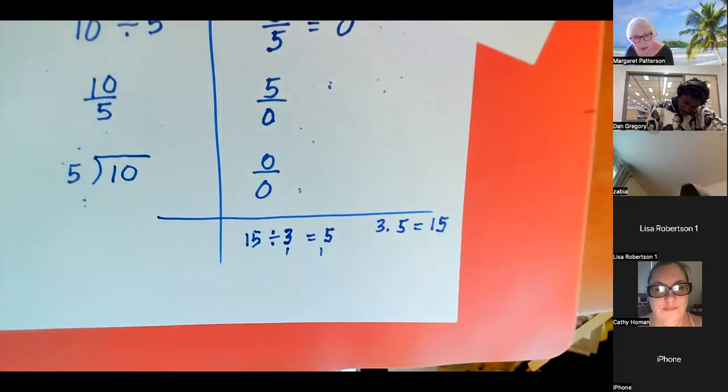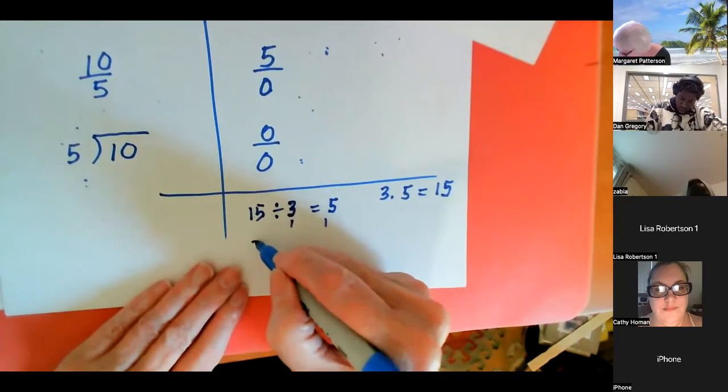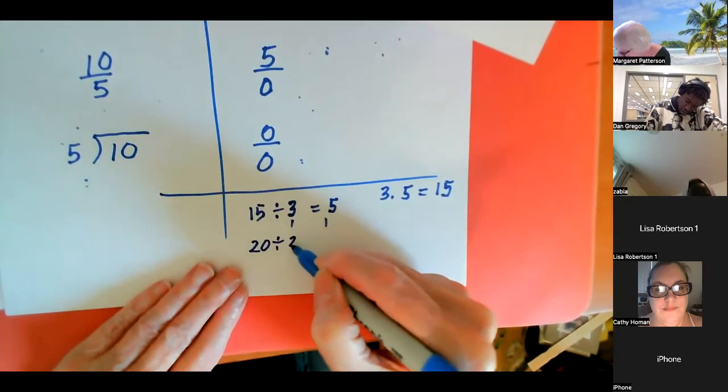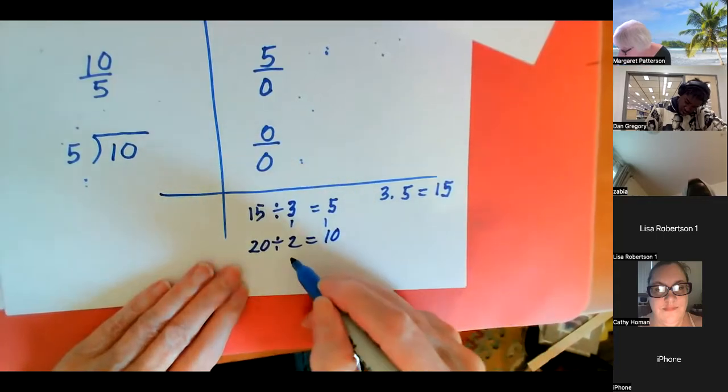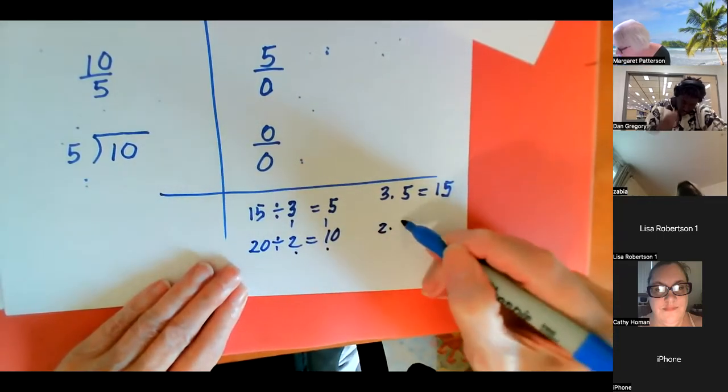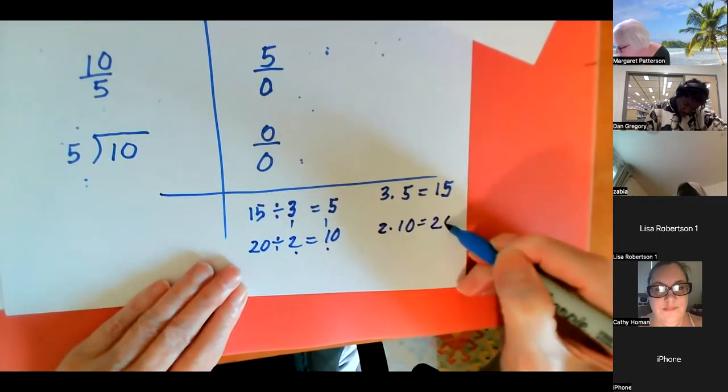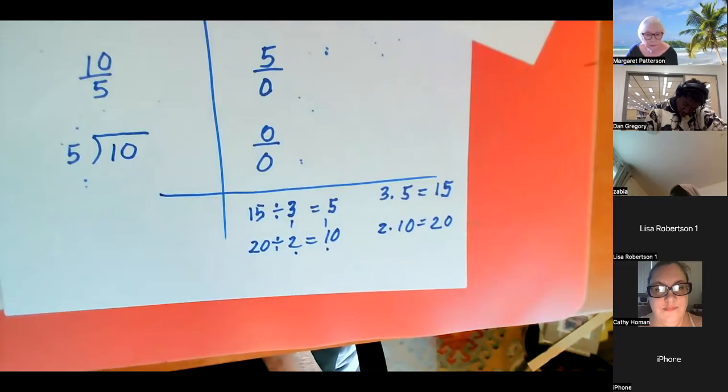I'm going to do another one. 20 divided by 2 is 10 because 2 times 10 is 20. So division and multiplication are tied to each other.